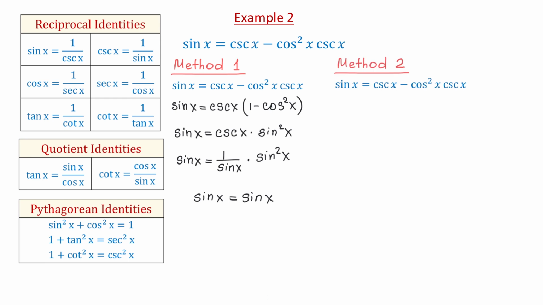With this method, let's rewrite each cosecant of x as 1 over sine of x. Then we will have sine of x equals 1 over sine of x minus cosine squared of x times 1 over sine of x.